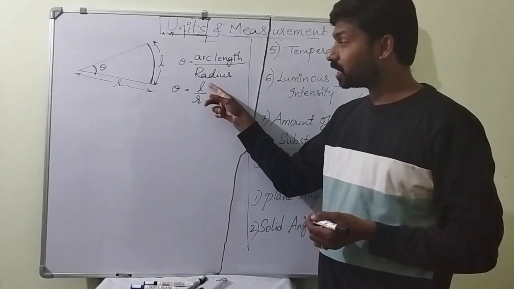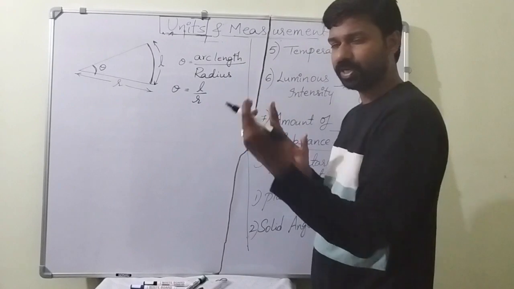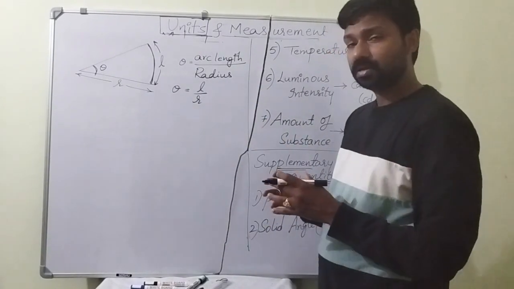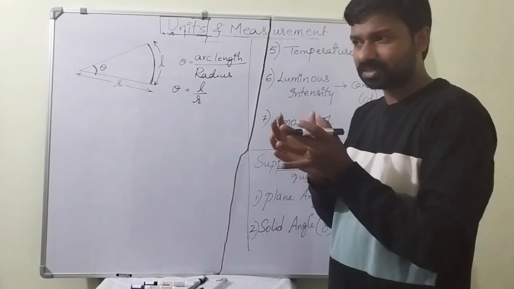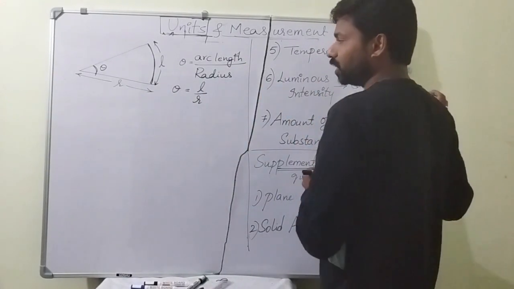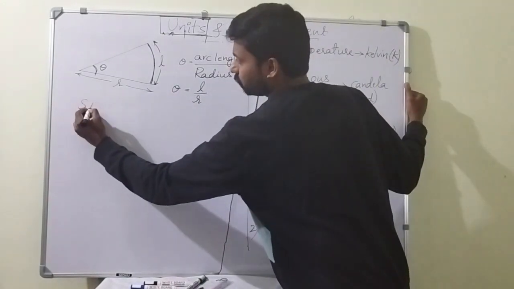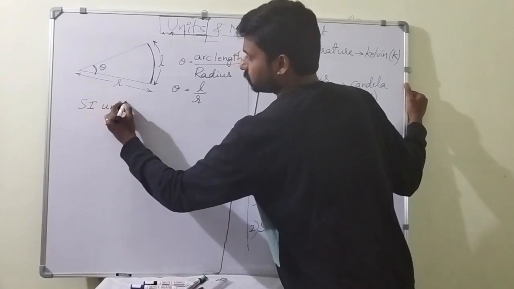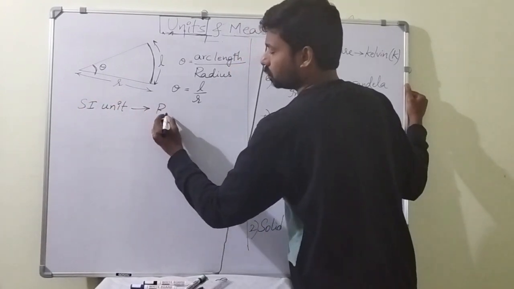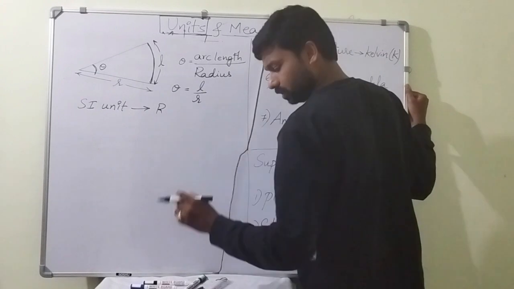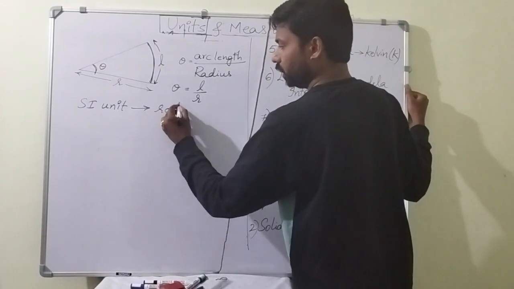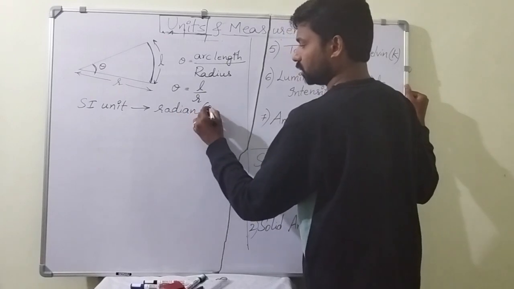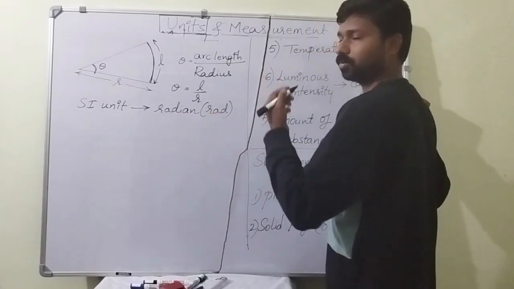So meter divided by meter, there won't be any units, but we have to represent this particular physical quantity with a certain unit, because it is completely unique. That's why the SI unit of plane angle is radian, represented by rad. Is it okay?